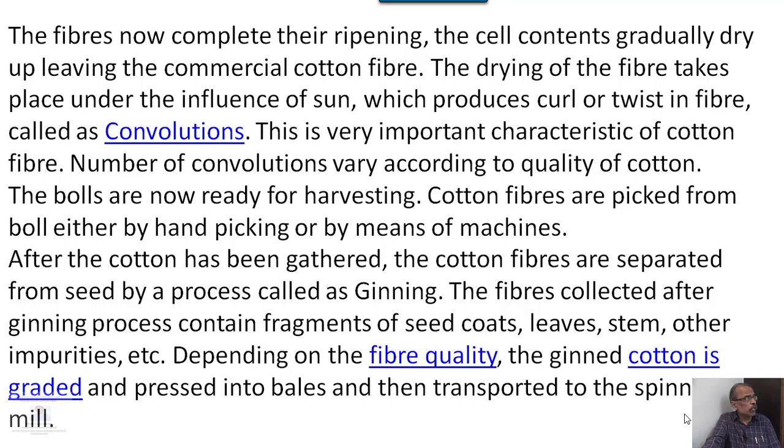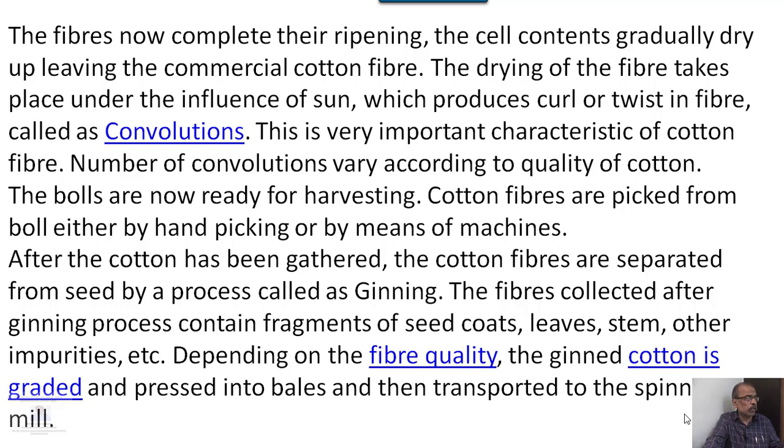While the fiber is growing, when the boll bursts and opens, the fibers naturally have what are called convolutions. A convolution is a natural sort of twist. It is not exactly a twist, but a curliness in these fibers, which plays a very significant role in the technical spinning of these fibers.